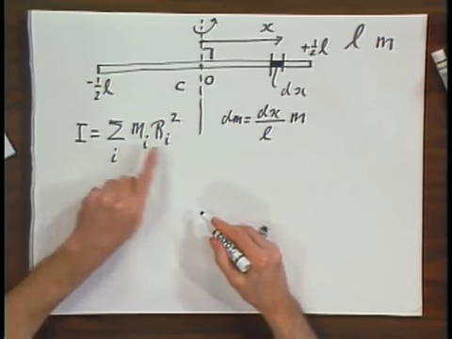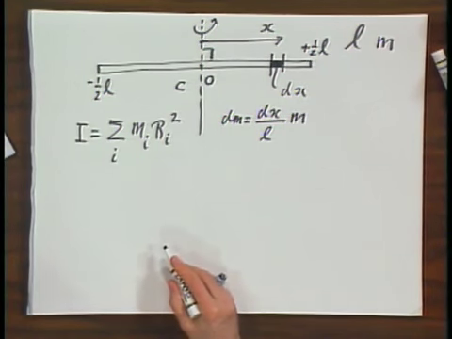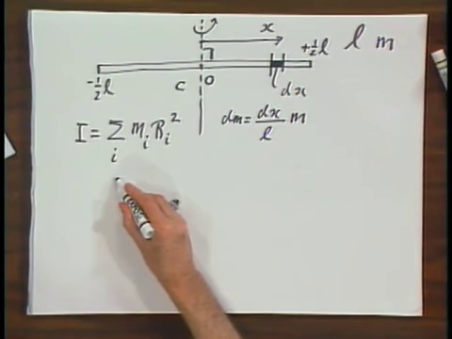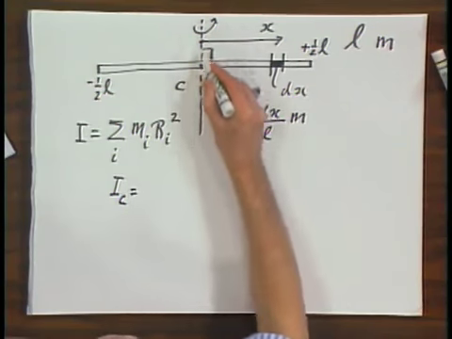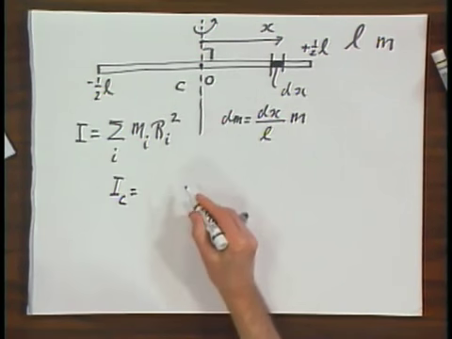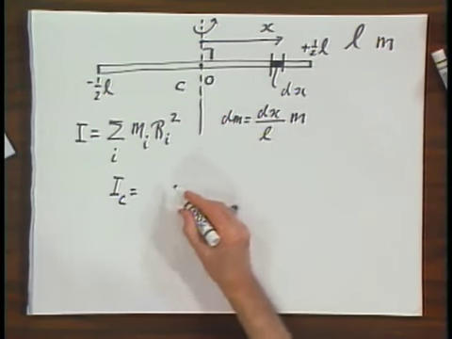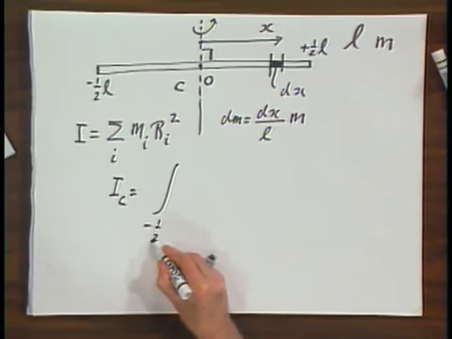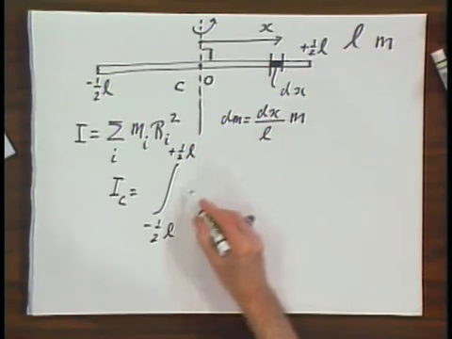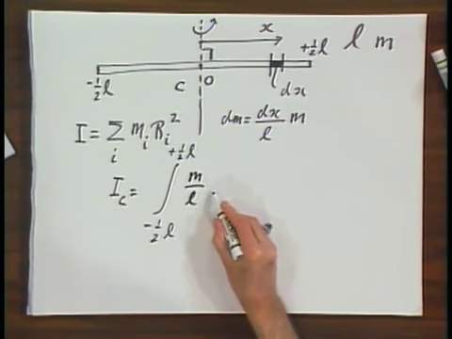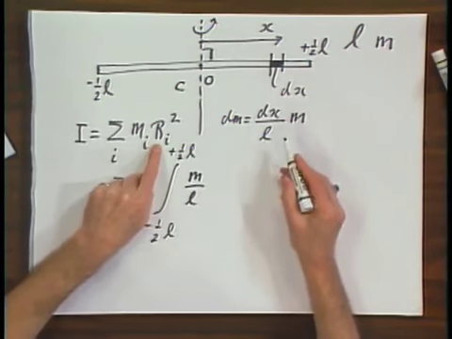And so if now I go to the continuous summation, which becomes an integral, then I get I, I will put a C in there to remind you that it is an axis through the center, now becomes an integral over x, and the x goes from minus 1/2 L to plus 1/2 L. I get m over L, and then I get dx, but I will wait with my dx because I have to multiply it with x squared.